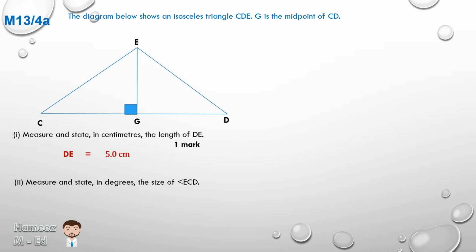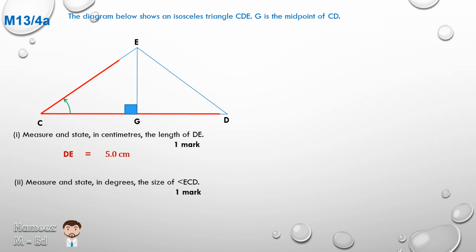Part 2. Measure and state in degrees the size of angle ECD. Let's recall that when we're measuring an angle, we need to use our protractor. Since it's saying angle ECD, let's draw a line from E to C and then from C to D. The angle to be measured is how much turn it is from one line to the other.